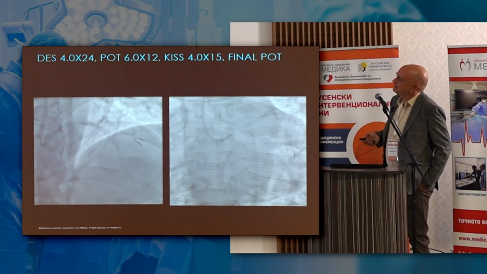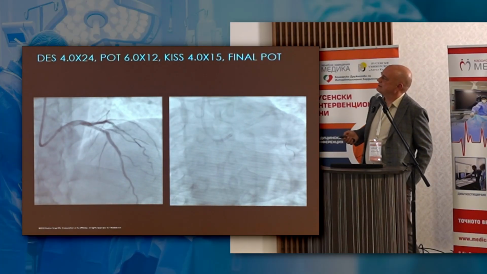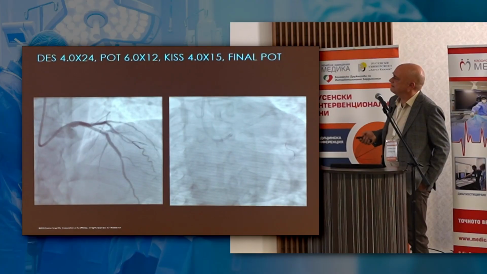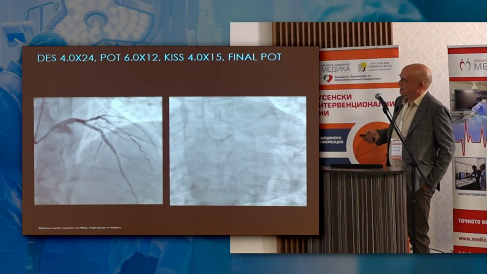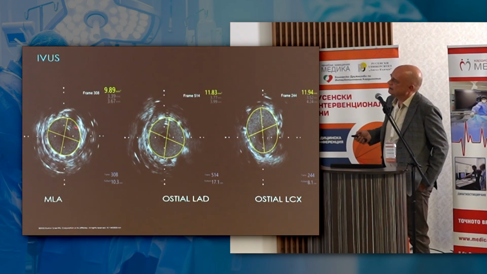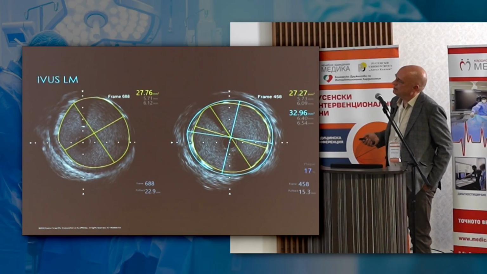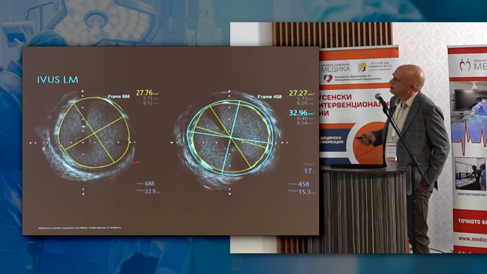So we put in one 4.0 drug-eluting stent and POT with 6.0, after that kissing and final POT, and this was the final angiographic result. After the IVUS, this is the place at the stent overlap in the proximal LAD with an MLA of around 10. Ostial LAD is 11.83. Ostial circ was better and bigger than before, and good apposition of the stent in this huge left main.